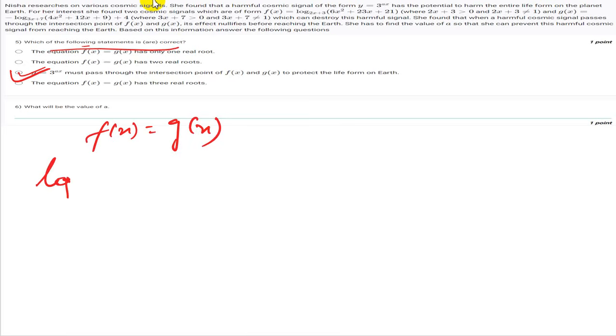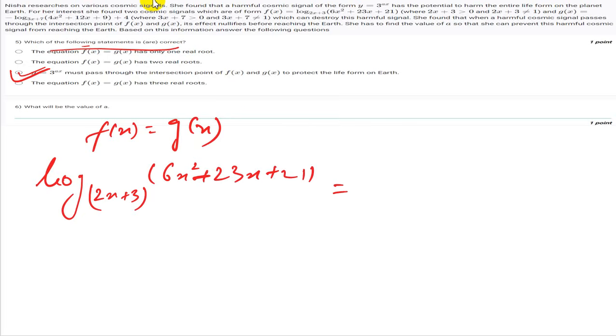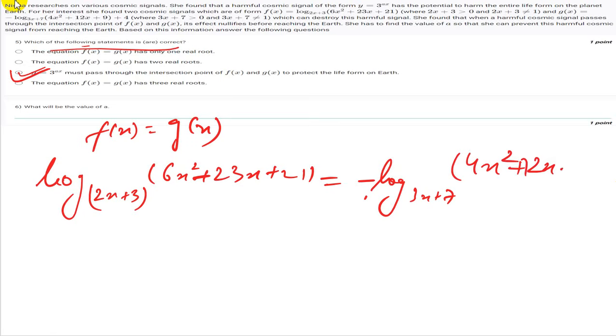So this is log of (2x+3) and (6x^2 + 23x + 21) is equal to, or we can just take this as equal to minus log of (3x+7), and here it is (4x^2 + 12x + 9).